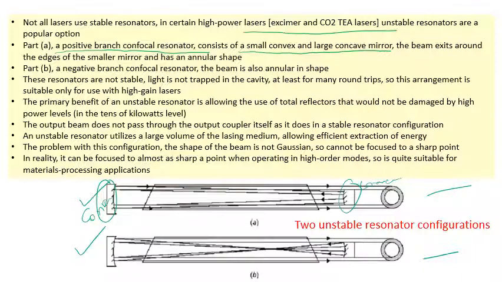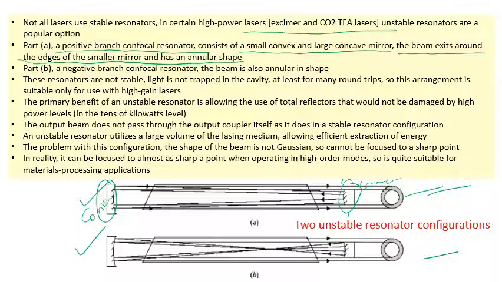So ultimately the light will go off after certain passes, like here. The beam exits around the edges of the smaller mirror and has an annular shape, like here. Annular shape, maybe it's hollow from the center.